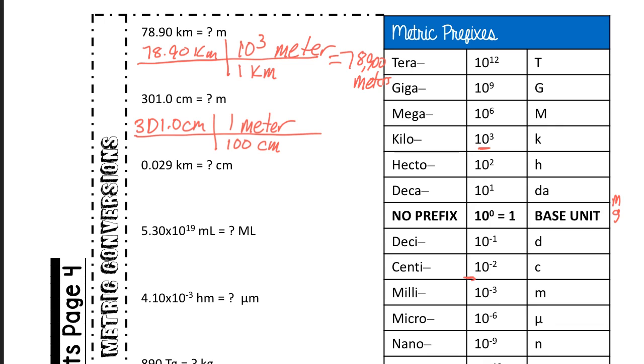So in this case, meter is much bigger. You can see that it's higher up on the chart. So meter is more than a centimeter, so it's going to take more of the centimeters to make up 1 meter. And then we're at what we need, because our centimeters are canceling off. We've got meters left, and of course, that's going to be 3.01 meters.